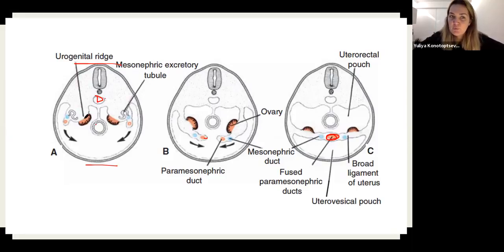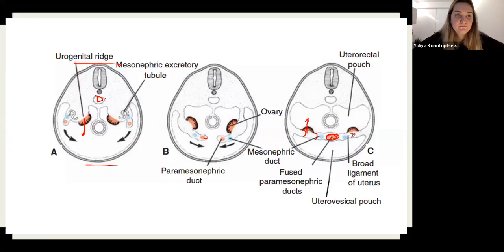At first, ovaries were facing anteriorly. But because the paramesonephric ducts were moving, the urogenital ridge also moved. It kind of pushed it with it, right? So you can see that the position of the ovaries has changed. Now they're facing posteriorly. And the urogenital ridge has become something.